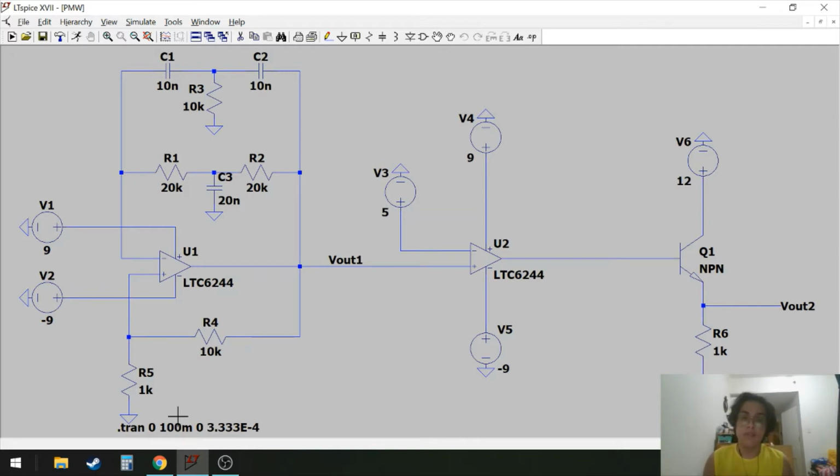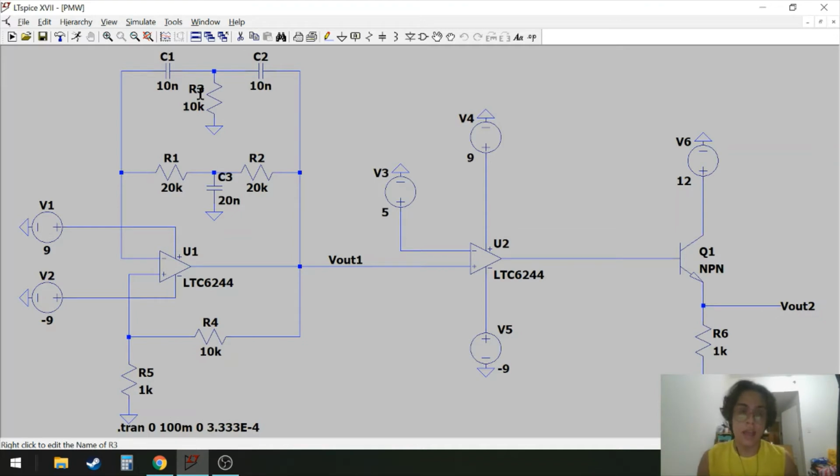To achieve that, we need to manipulate R1, R2, and R3 in a way that we will compute. We will do some calculations to achieve the desired frequency range.